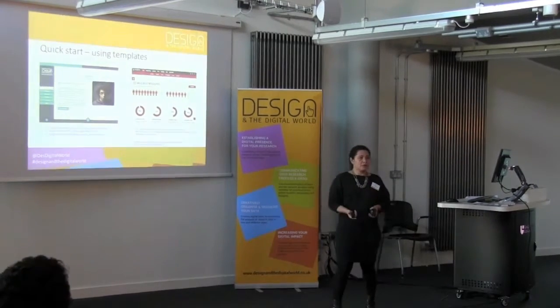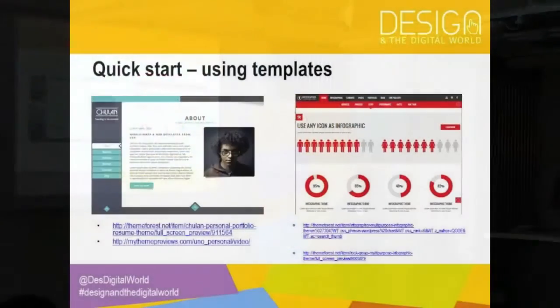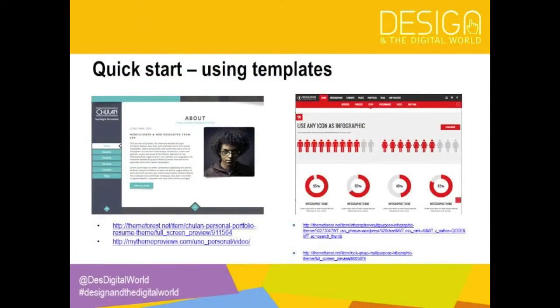So what I normally do when somebody comes to me for a website is I recommend, for advice, to start with templates. Using templates cuts a lot of expenses, but also a lot of time. You've got a lot of work that's been done already by the programmers and designers, and you have tons of styles to choose from.